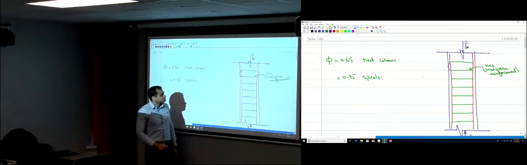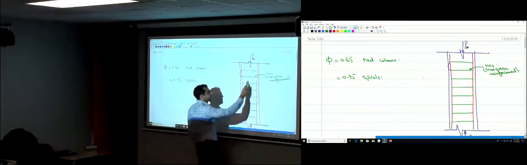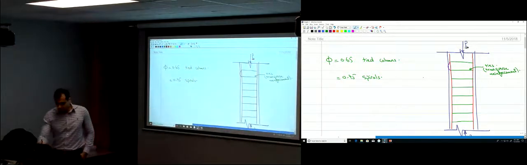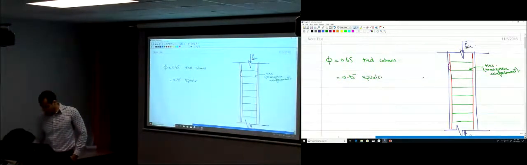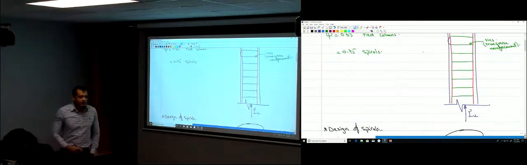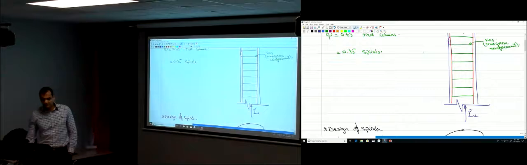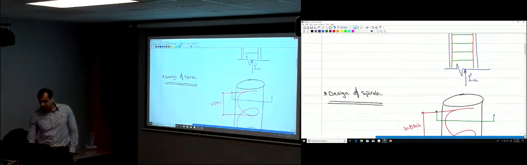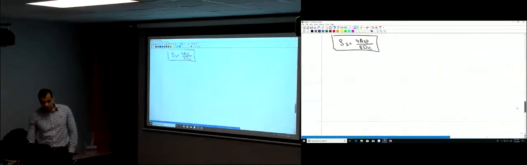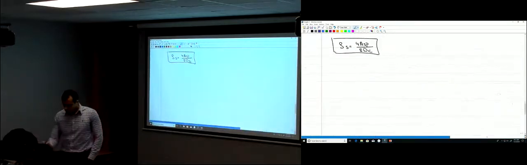So now, if you have a column like this and there is a force P, let's say P ultimate applied on that column, okay? You want to design that column to be able to resist this P ultimate, okay? That's so simple, okay? I left that to the end because that's so simple, okay?